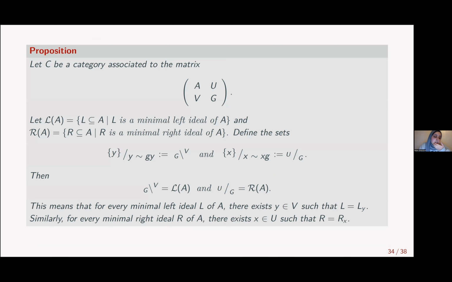And the proposition is, so now I want to show how I get the minimal left and right ideals of A out of this matrix.